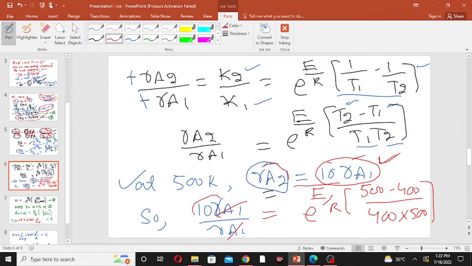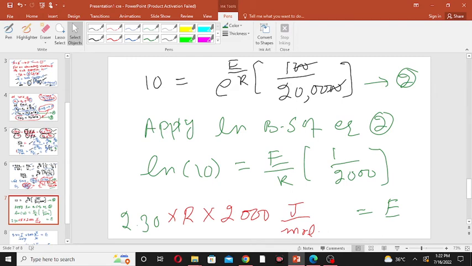In place of Ra2 we write this, divided by Ra1, and these cancel, so we have 10 is equal to e to the power E by R times (500 minus 400) divided by (400 into 500). 500 minus 400 is equal to 100, and when we multiply this out we can further simplify it.